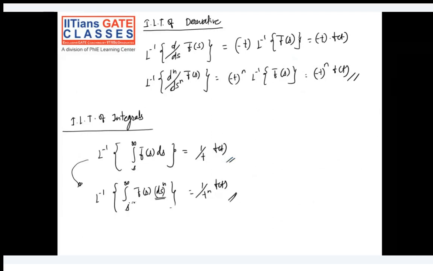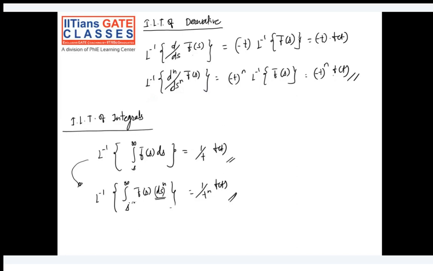So the inverse Laplace transform of d by ds of f bar of s is minus t f of t, because it's just a single differentiation. So minus 1 is coming, that's why minus t is there. In general, if it is the nth differentiation of f bar of s, then it will be minus 1 raised to the power n, t to the power n, f of t.